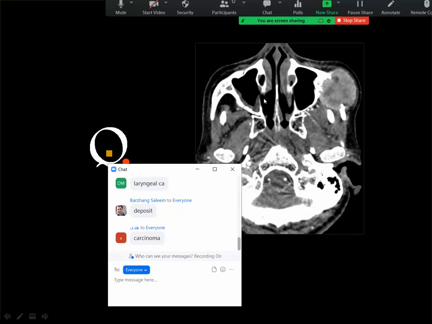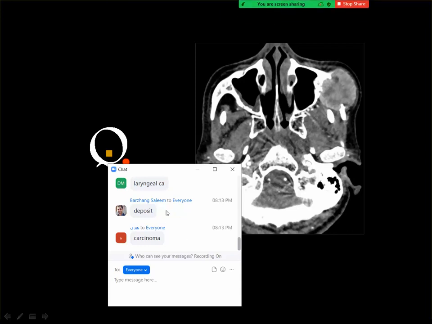Okay, and someone said that this is metastatic deposit, and another possibility is carcinoma.